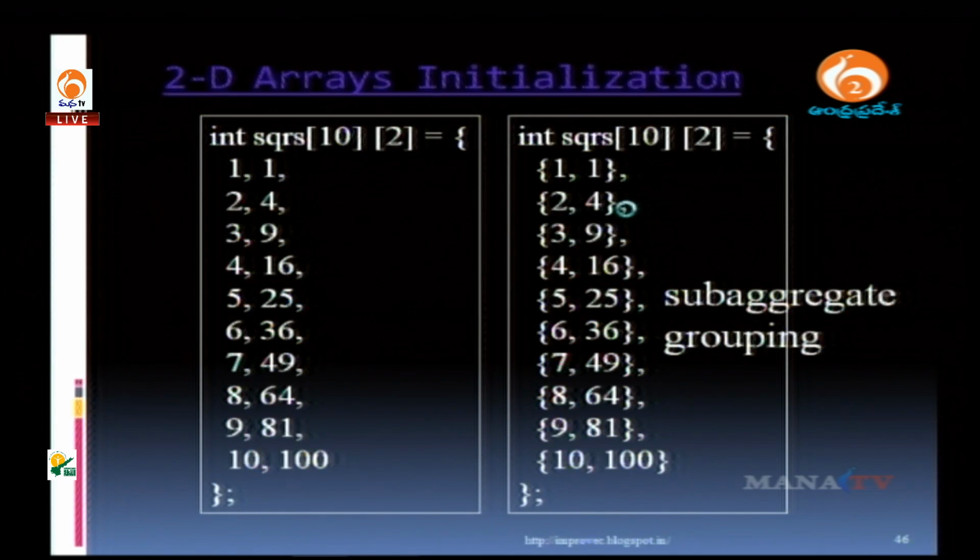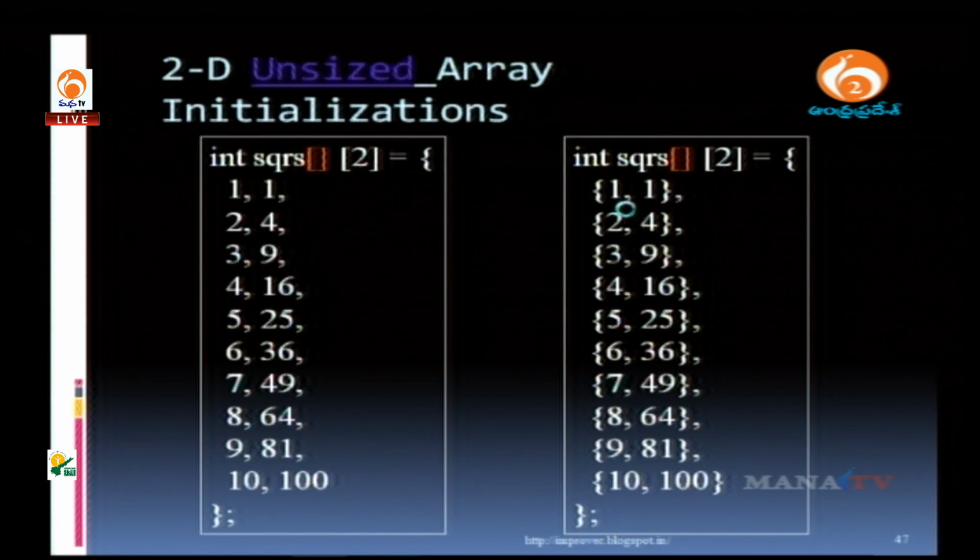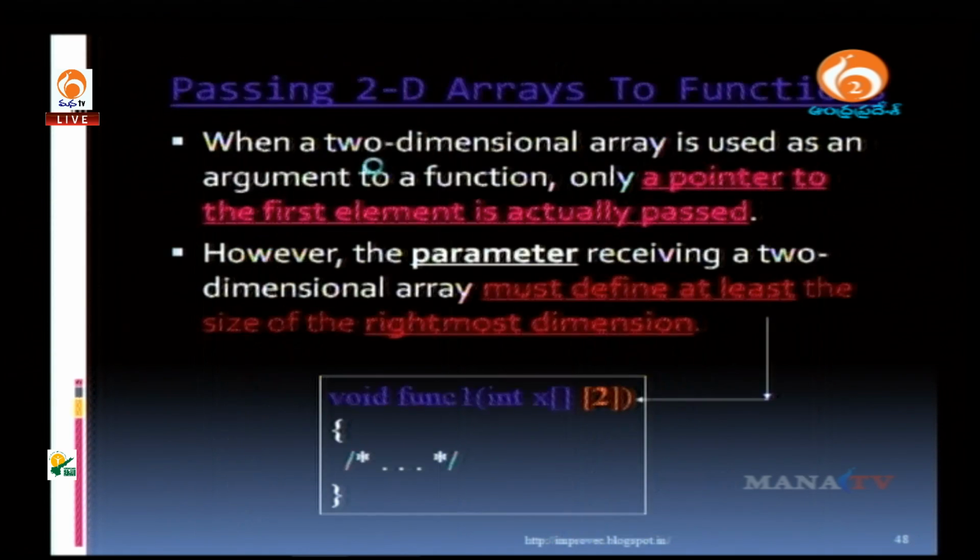Ten rows and 2 columns. So, here is two-dimensional unsized array initialization. For the subscript, we must write the column size, that is 2 here. If you do not write the first subscript, no problem, but the size must be maintained in the second.